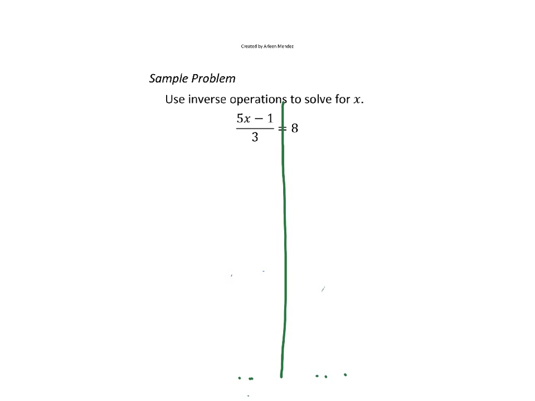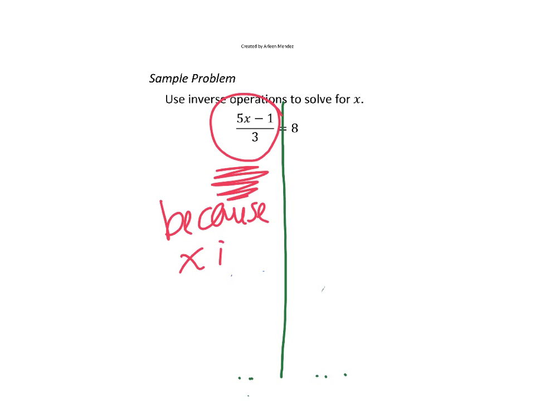We're going to use inverse operations, and we're going to use that general rule of thumb, which is to cancel the values away from the x, starting with whatever's farthest away. So let's see what's farther away. And remember, we're only looking at this side for now. We don't care about the other side. We only want to cancel stuff away from this side because that's where the x is at, right? That's where our variable is at. We want it to be x equals something at the end.